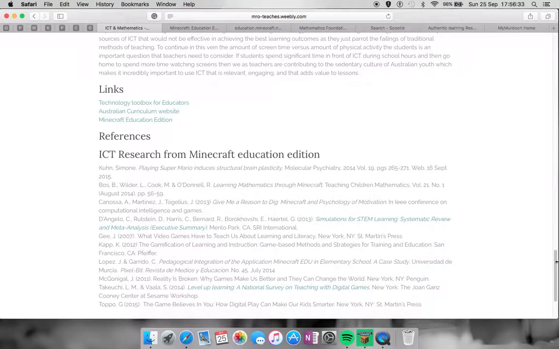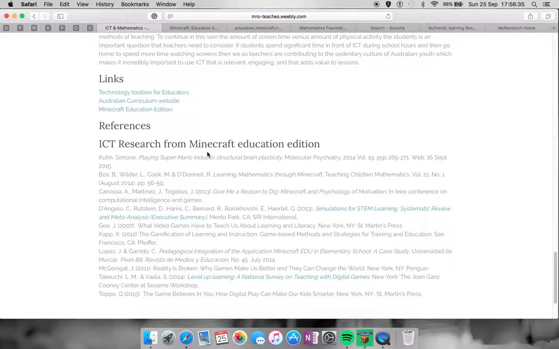Down here is some research from the Minecraft education team, and this is a whole heap of resources and information that they've found that indicate how beneficial playing video games in classrooms is.